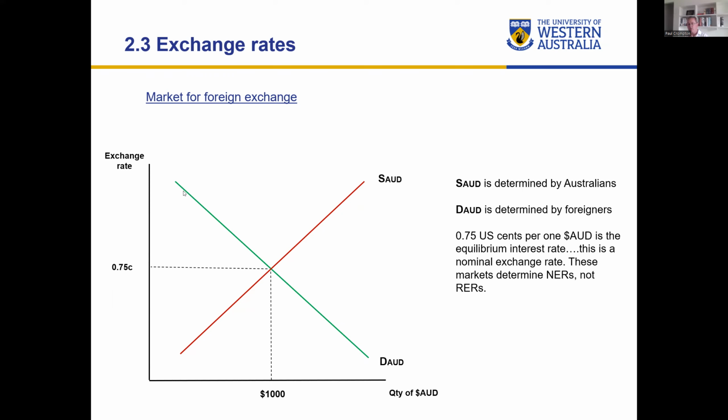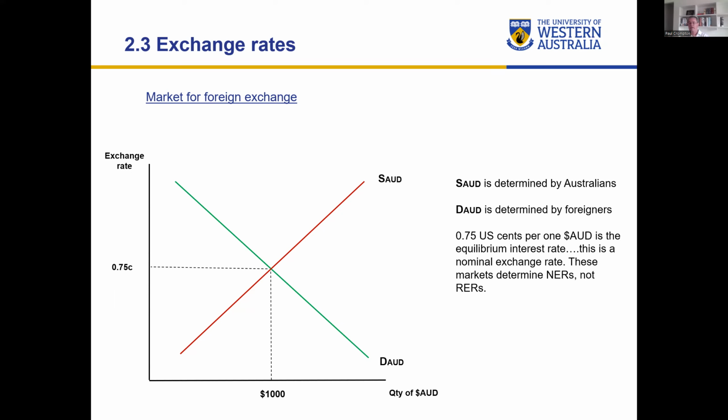So the obvious question is, well, who creates a demand for the Australian dollar in the Forex market? By creating a demand, what you're doing is you want to buy Australian dollars using foreign exchange. I don't know about you, but I don't create a demand for the Australian dollar as an Australian.